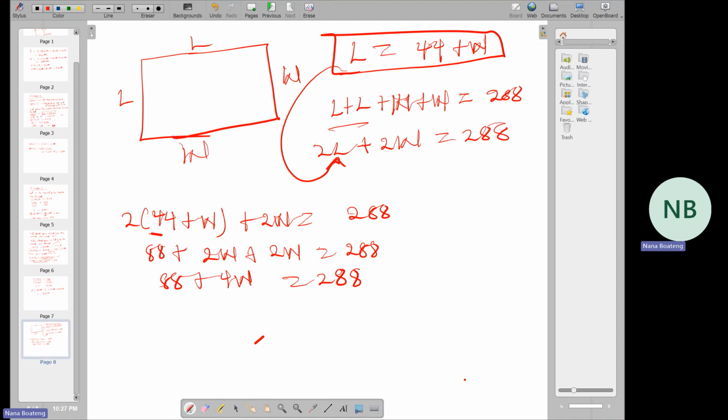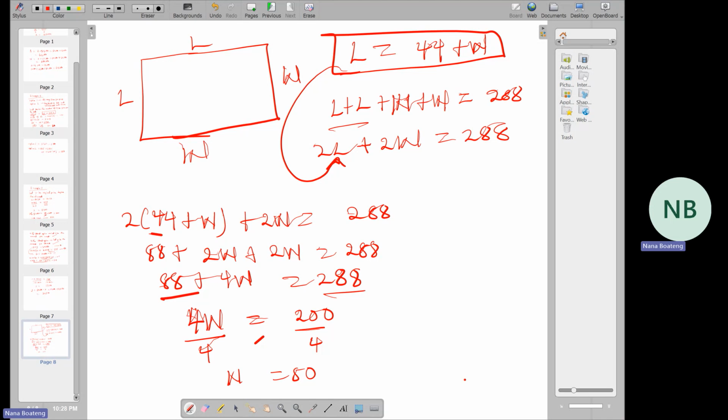So let's subtract 88 from both sides. That gives us 4W is equal to 200. And if we divide both sides by 4, then we get W is equal to 50.